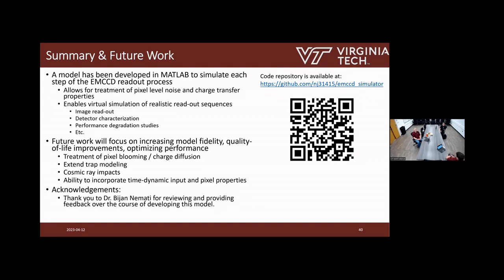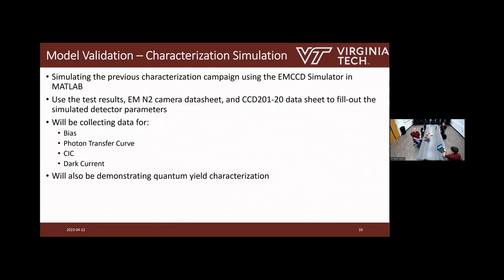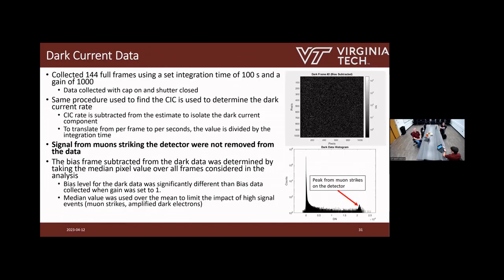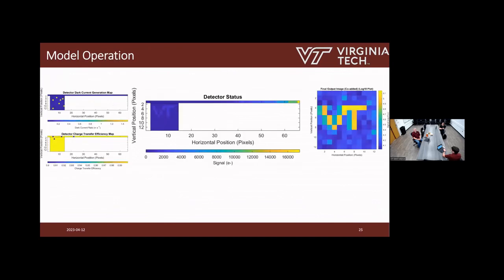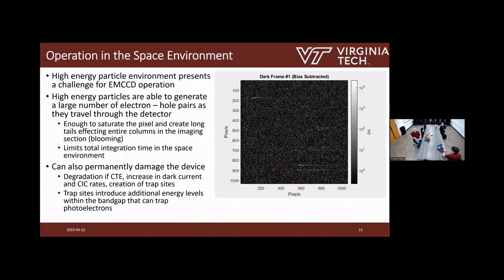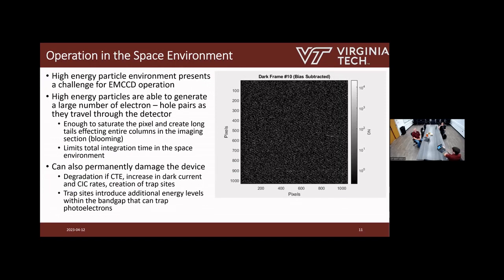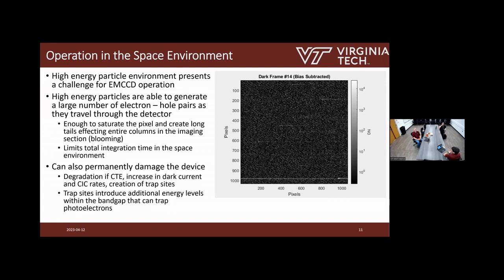So essentially what you start to see, I think actually a great way to visualize it is by looking at these muon strikes. So at the heart of these are these bright white central regions. This is where saturation is occurring.